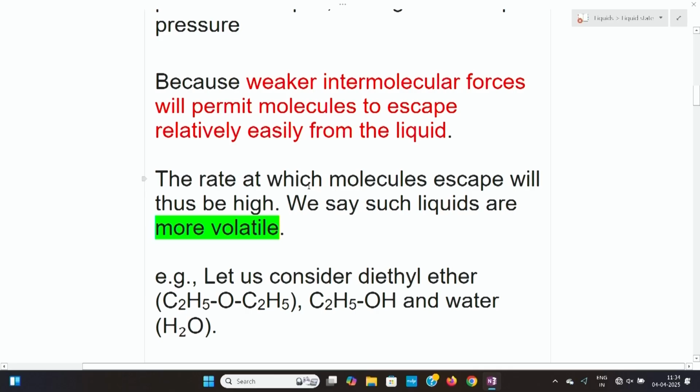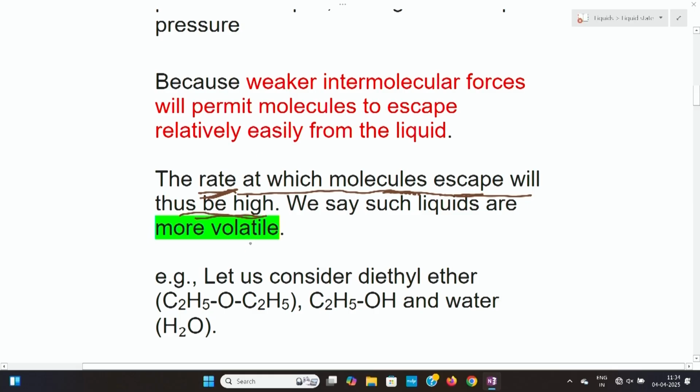That means the rate at which the molecules escape will be high if the intermolecular forces are less. Rate is nothing but speed. So, if the intermolecular forces are low, the molecules can easily escape from the liquid state to the gaseous state.